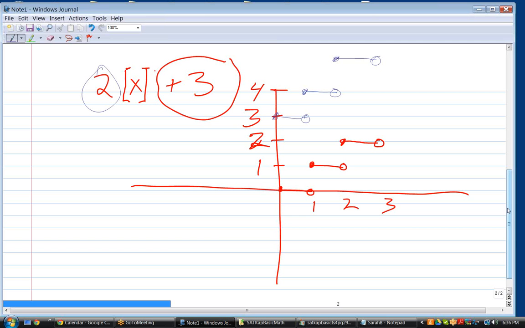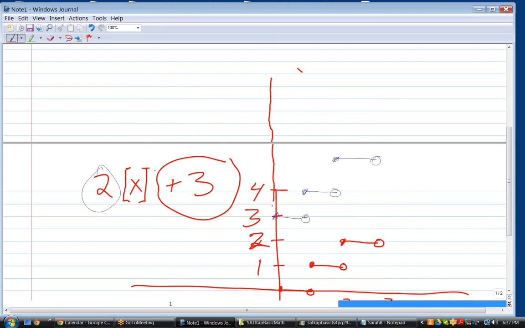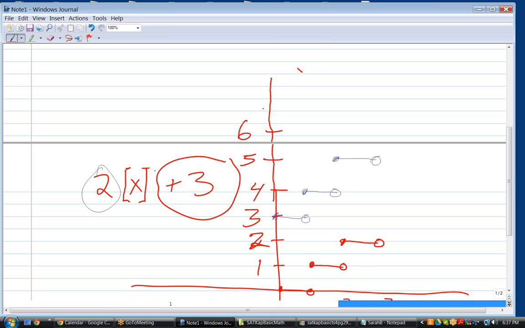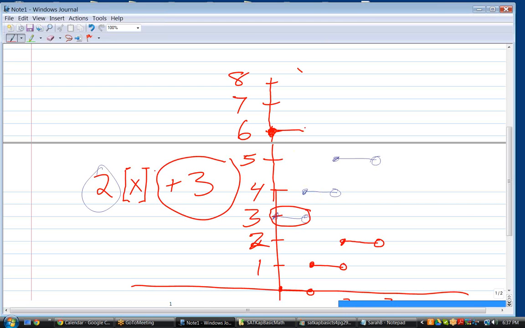Let me see if I can put enough scale on this. If I go up to 5, 6, 7, 8, then this part is going to go from there to there.